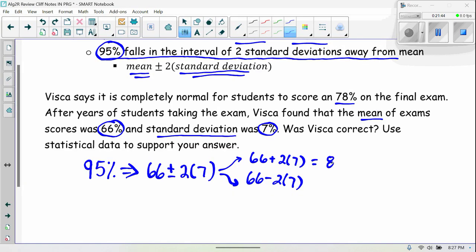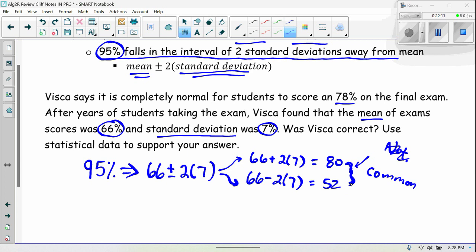So any score that falls between 52 and 80 is considered a common occurrence. Do kids normally score a 78? Yeah, because it's in this interval. Do kids normally score a 90? That's not common. I bet a couple of kids do it, but a 90 is not common. How come? It's not in this interval.